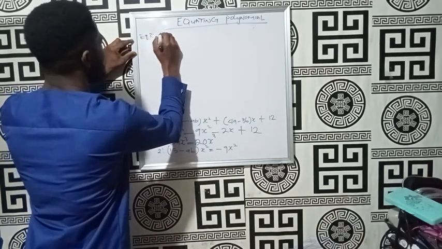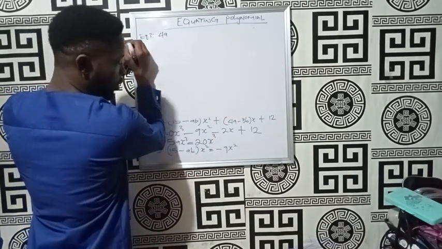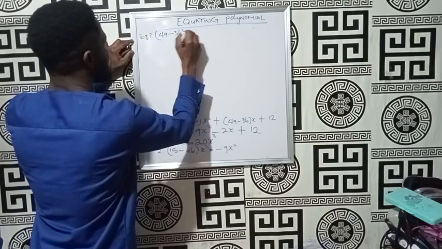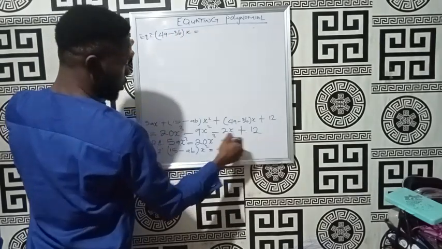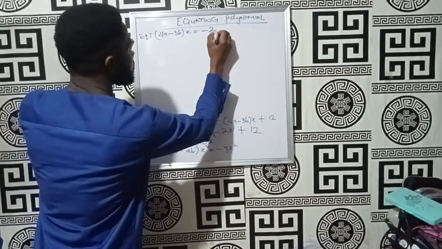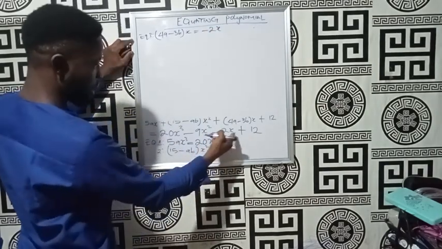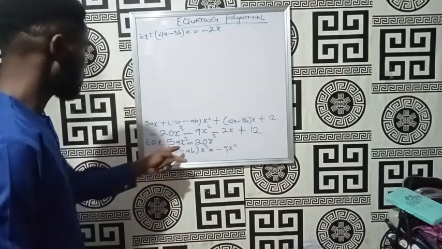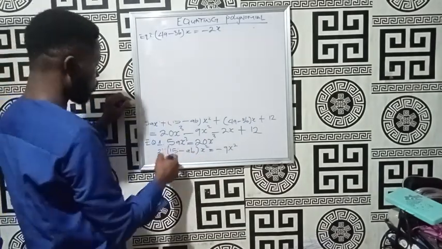Equation 3 is 4a minus 3b x is equal to minus 2x. So this constant is equal to this constant. So let's leave that.